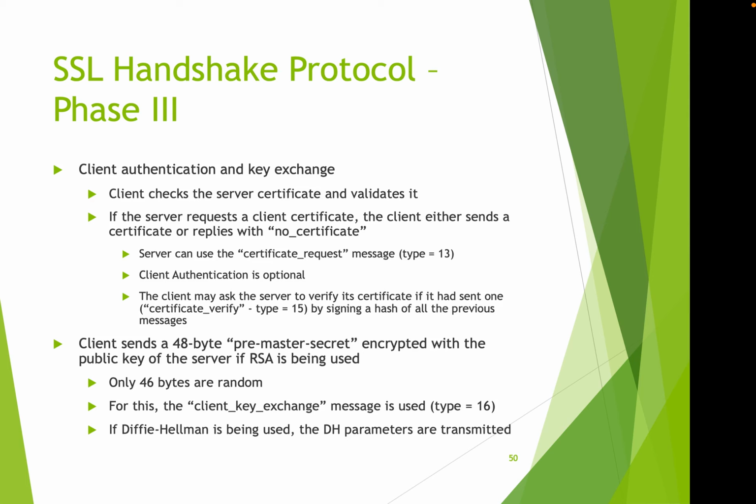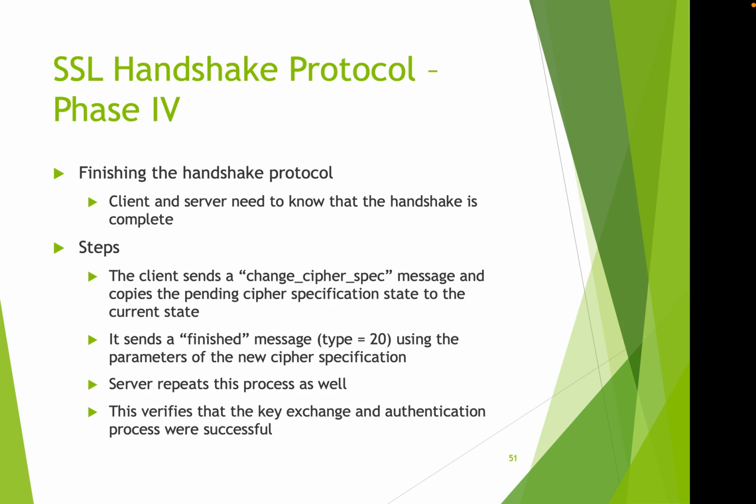Alternatively, they can use Diffie-Hellman key exchange. If Diffie-Hellman is used, then they follow the Diffie-Hellman protocol, and the client and the server end up with a shared secret. So that's the handshake protocol.